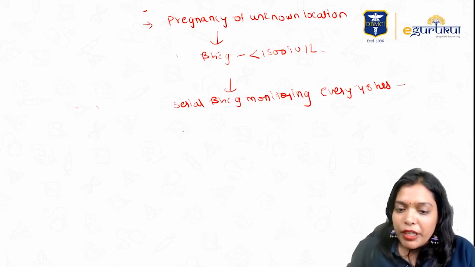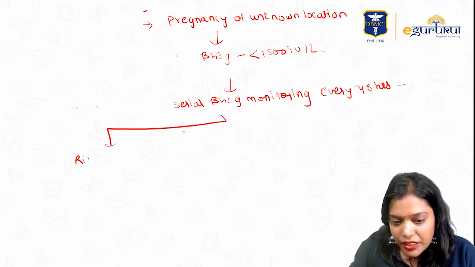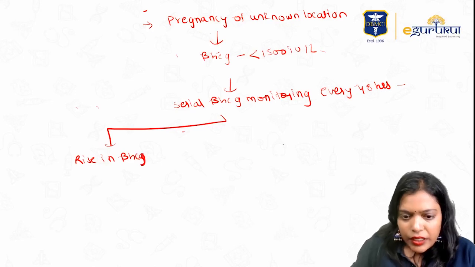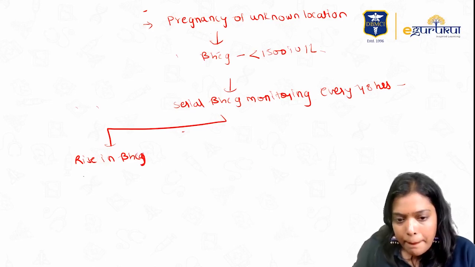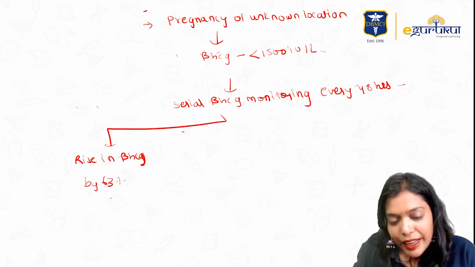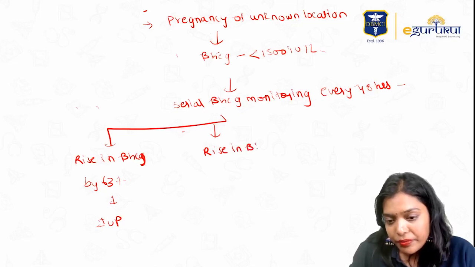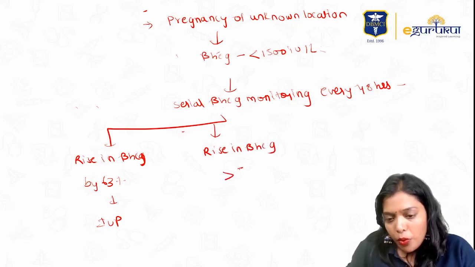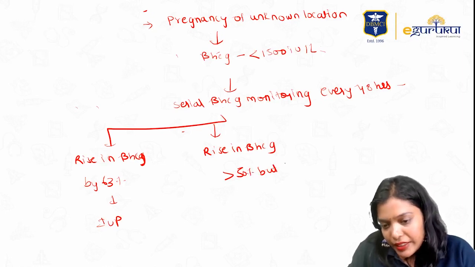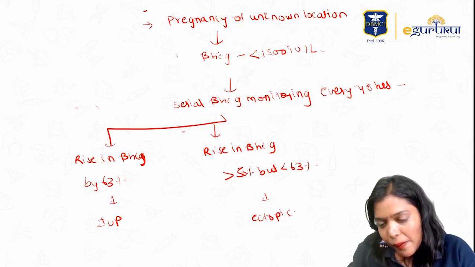When you are doing serial beta HCG monitoring every 48 hours, if there is a rise in beta HCG by 63%, then it is an intrauterine pregnancy. You can just wait and watch. If there is a rise in beta HCG of more than 50% but less than 63%, then it is an ectopic pregnancy.